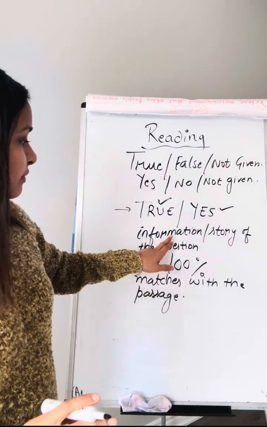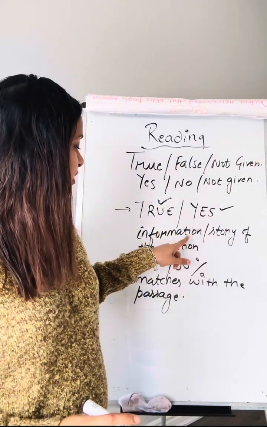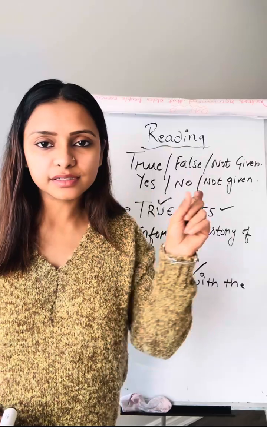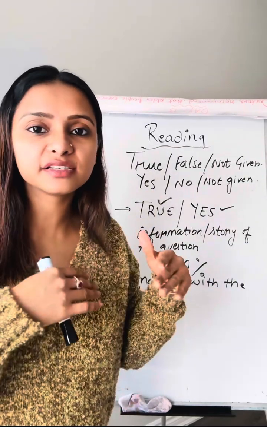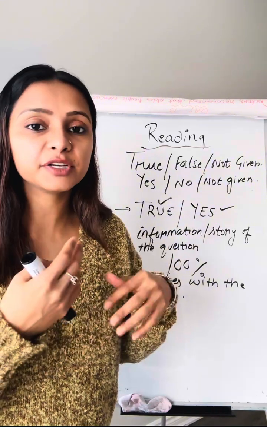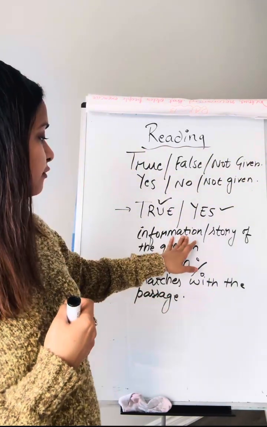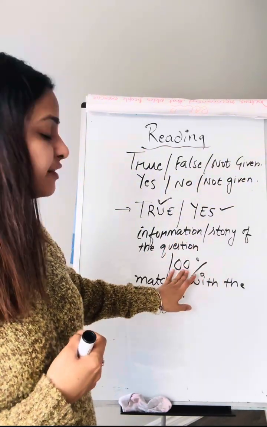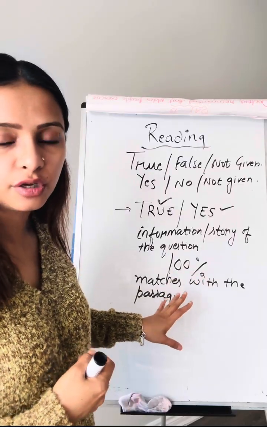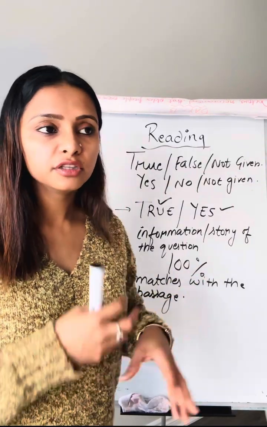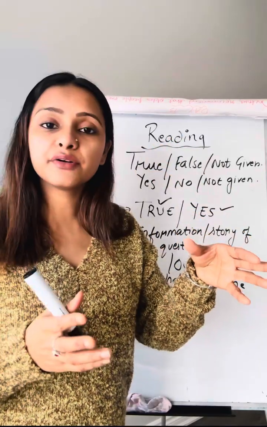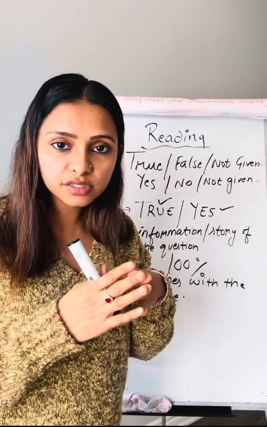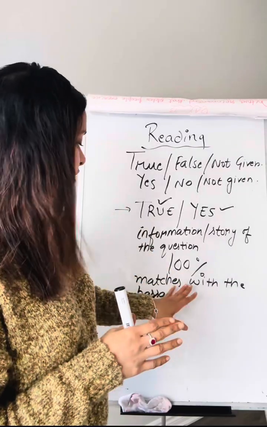I'm repeating, the information or the story, not the words. Some students match the words only, but the story is different. If the information and story 100% match with the information given in the passage, the question's statement and the passage statement are completely accurate and match, only then it will be true.